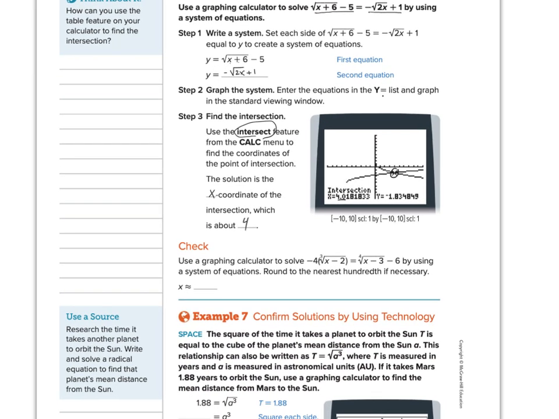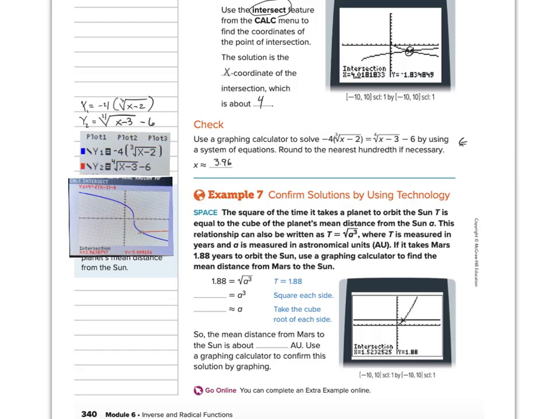Now it says use a graphing calculator to solve a system of equations. When you go to do this, your y1 is going to be equal to negative 4 cube root of x minus 2, and then y2 is going to be equal to the 4th root of x minus 3, minus 6. Once you do that, we're going to be able to calculate your intersection values.